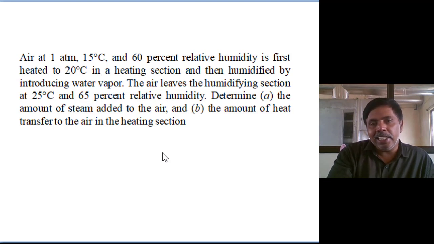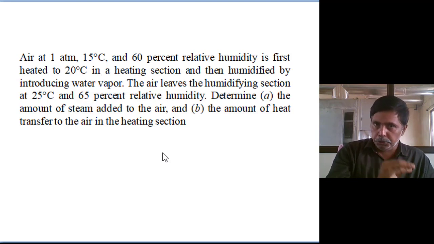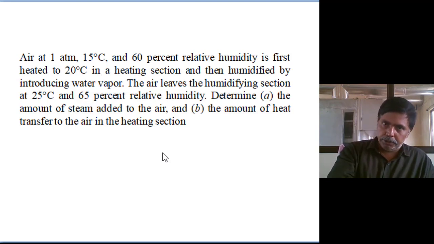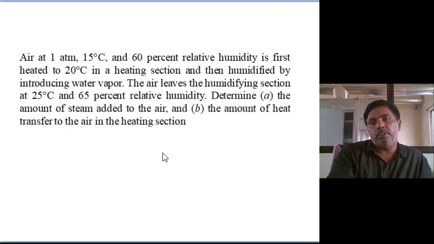The air leaves the humidification section. After humidification, the air condition is 25 degrees centigrade and 65% relative humidity. So we did sensible heating from 15 to 20 degrees, but from 20 to 25 degrees heating and humidification happened, and the humidity rose from 60 to 65.